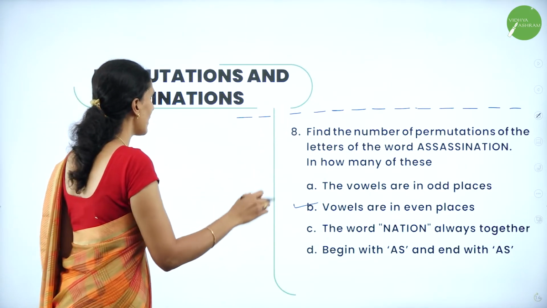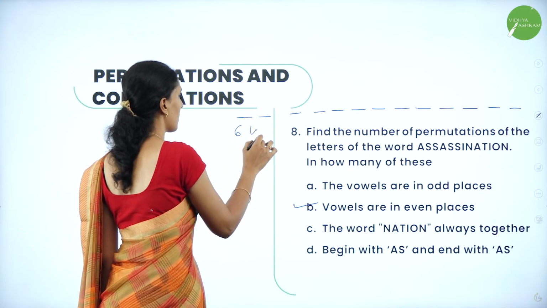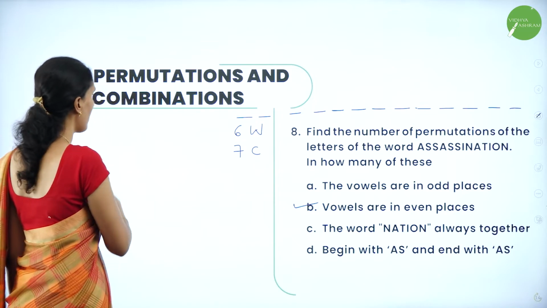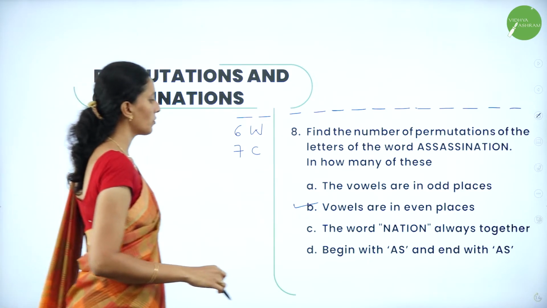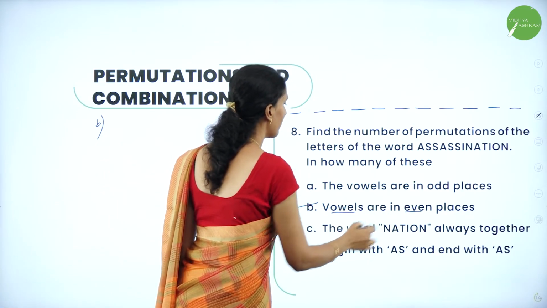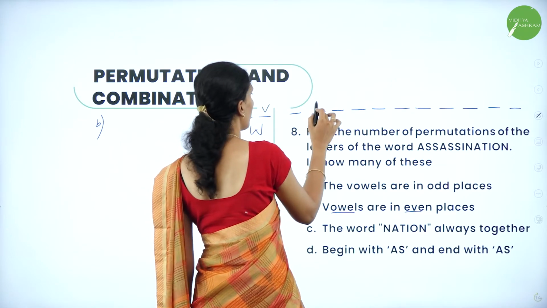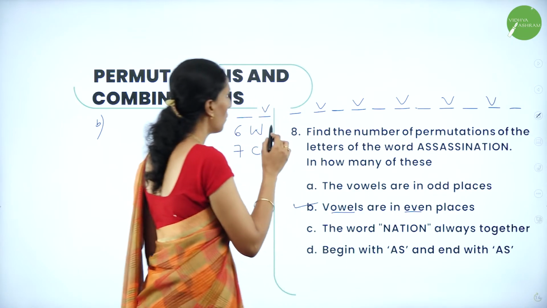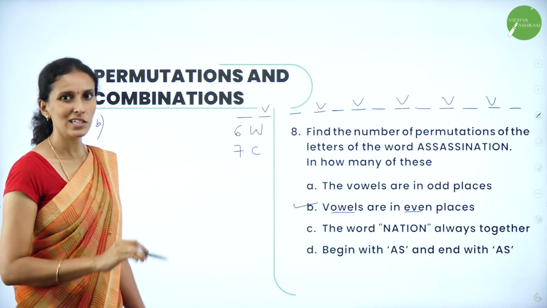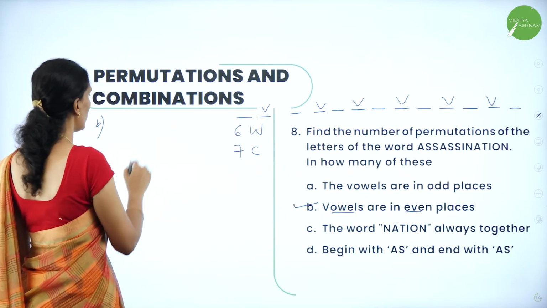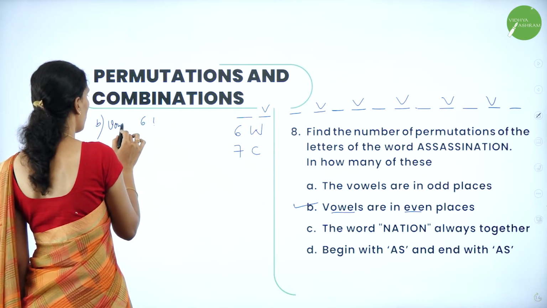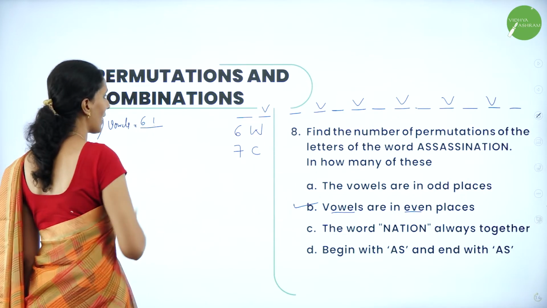We have 6 vowels and 7 consonants. They have asked you to find vowels in even places. So 6 vowels in 6 places we have. So therefore it is 6 factorial. For vowels it is 6 factorial.